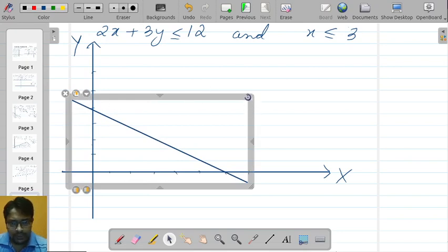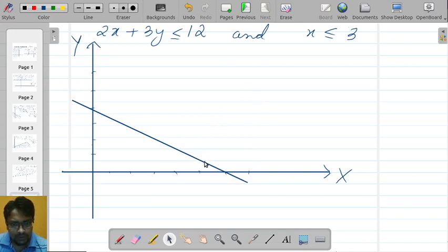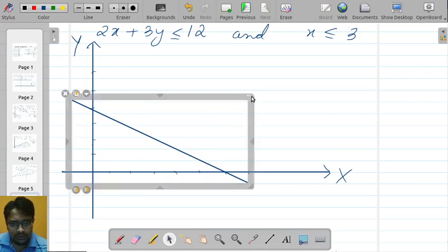Maybe I need to rotate it a little bit. What happens? It doesn't rotate. How do I rotate it?